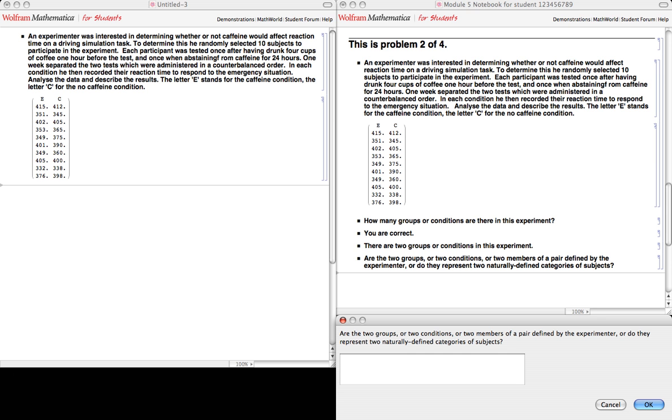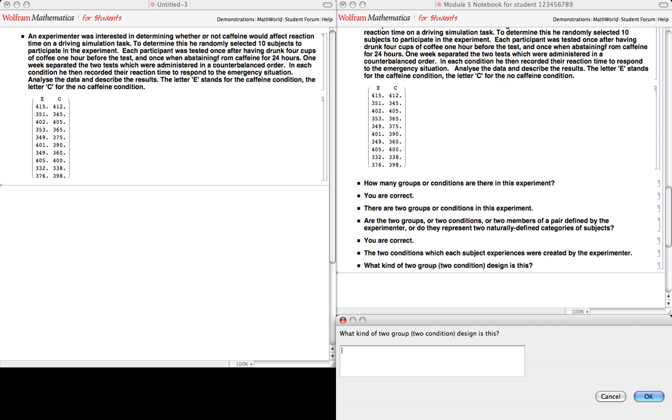Because the caffeine versus no caffeine condition is defined by the experimenter, I'm going to put experimenter defined. People didn't walk into the lab with caffeine in their blood or not, as if that was naturally determined.